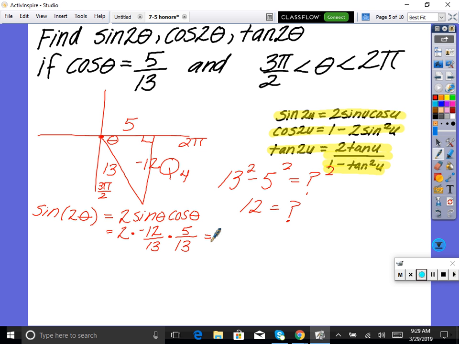Oh, wait, no. And did you have 13 times 13? Jeez, we act like this is brain surgery. Negative 120 over what? Yes, that's true.